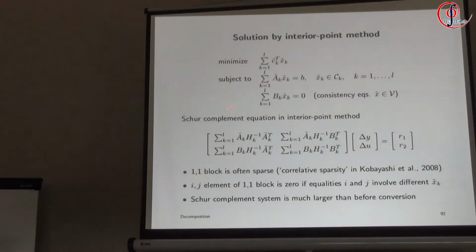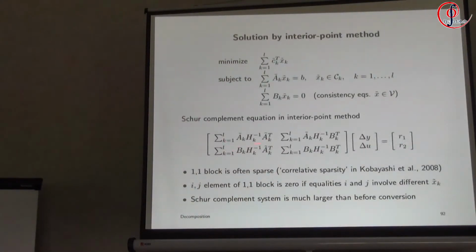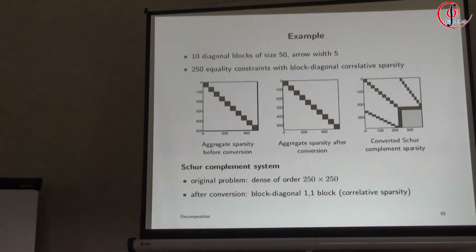Then the coefficients in the SDP we picked in such a form that the correlative sparsity pattern is block diagonal. That depends just on how we chose the coefficients. And then this is the sparsity pattern of this Schur complement system. The block diagonal correlative sparsity pattern can be seen here. That's the block diagonal pattern for this 1-1 block.